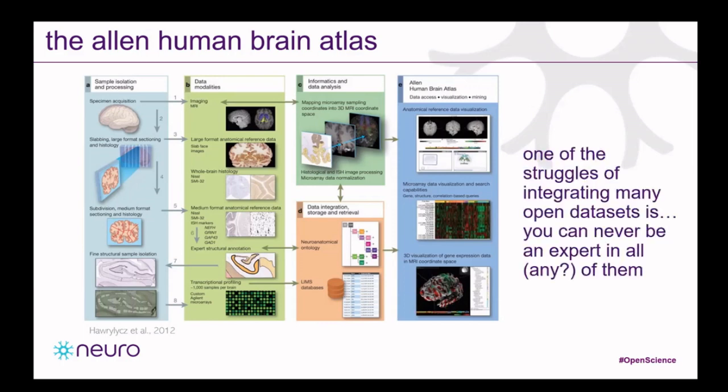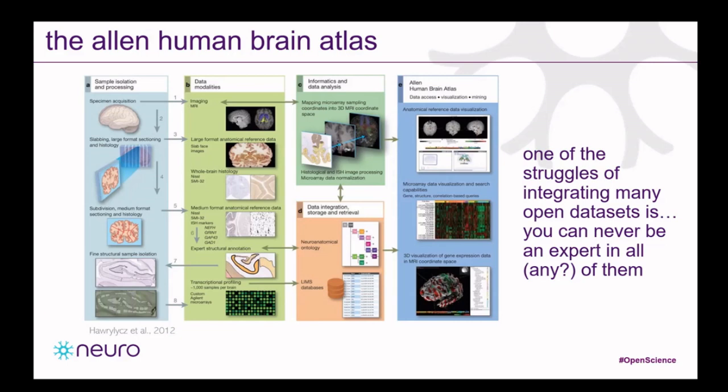Okay, so what is it exactly? Before I get into that, I just want to say, you might have noticed, one of the struggles of integrating a lot of open data sets and big data and a million different data sources and techniques, right? What is microarray to somebody who's doing neuroimaging every day? And what is receptor binding stuff to somebody who's doing cognitive neuroscience, right?